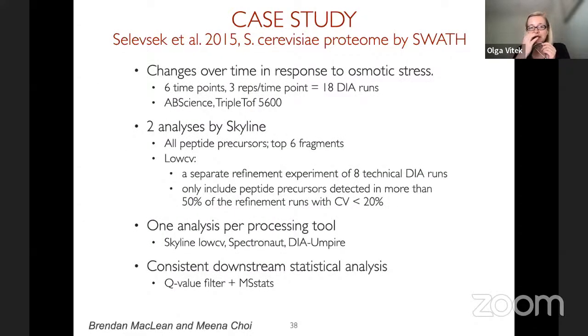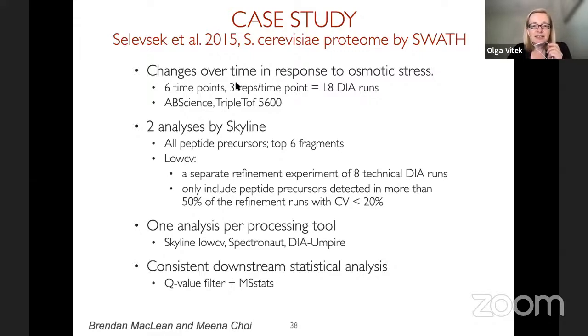This is a DIA case study, which you will actually work with in the hands-on right after the break. And you already worked to some extent with Brandon last week. Let me just review a little bit what was done for this particular experiment.